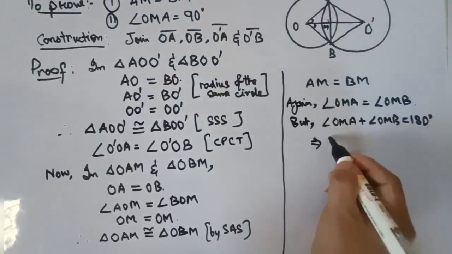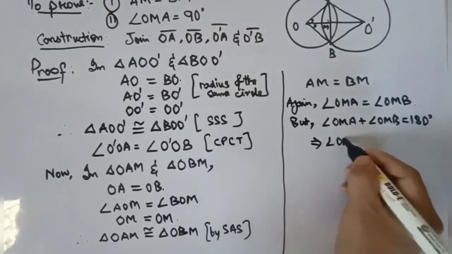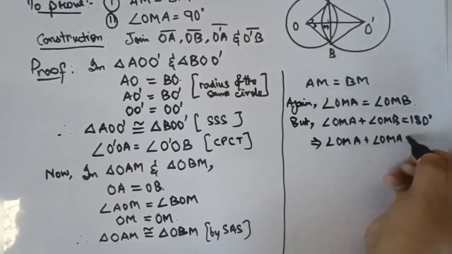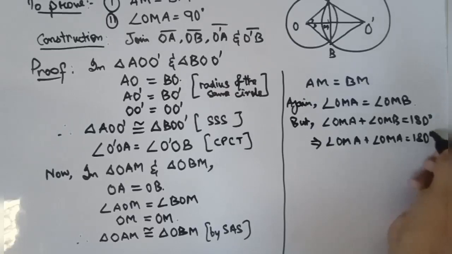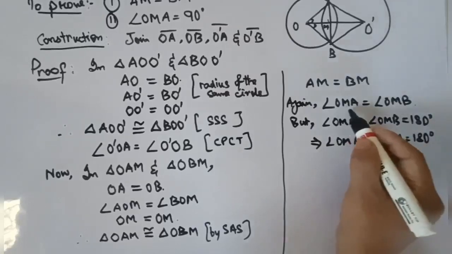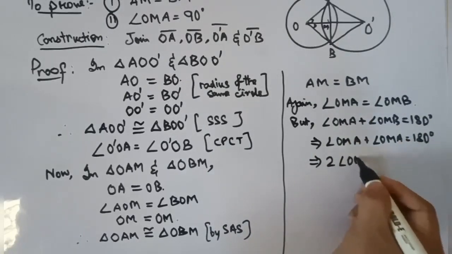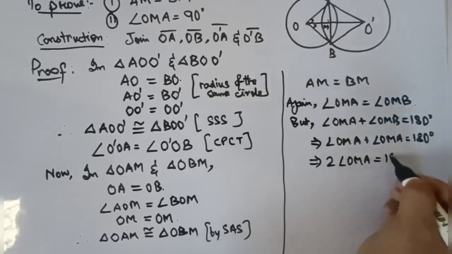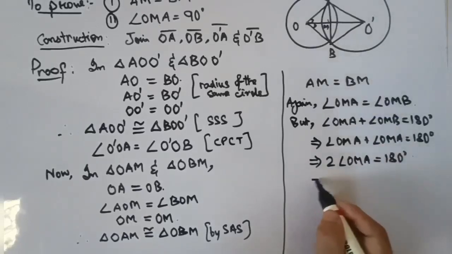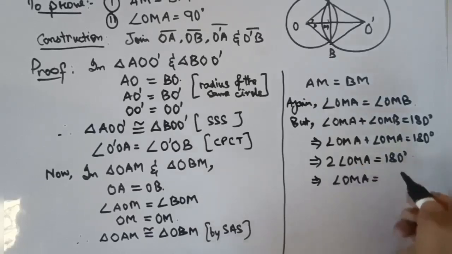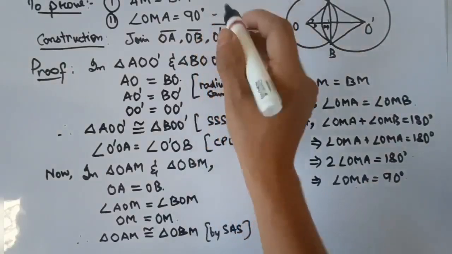This implies angle OMA plus angle OMA is equal to 180 degrees, since OMB is equal to OMA. This implies twice the angle OMA is equal to 180 degrees. This implies angle OMA is equal to 180 degrees divided by 2, that is 90 degrees, which proves the second part of what we set out to prove.